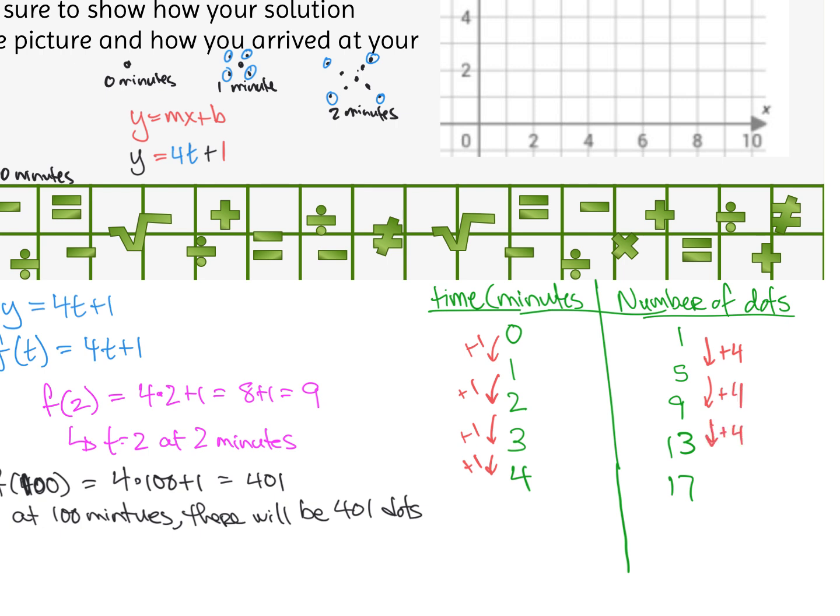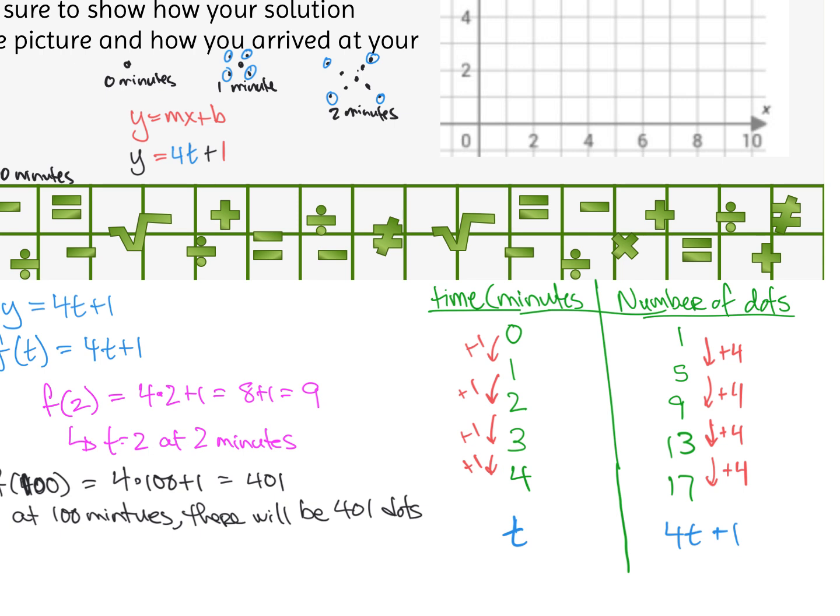This is how it changes. So if I put in just a time, which is t, how would we figure it out? Well, it's going to be 4 times t plus 1. This is how the table and that function or equation come together. This is how we're figuring out these numbers.